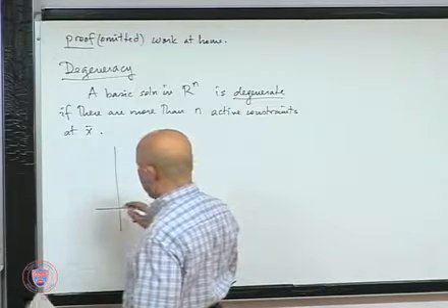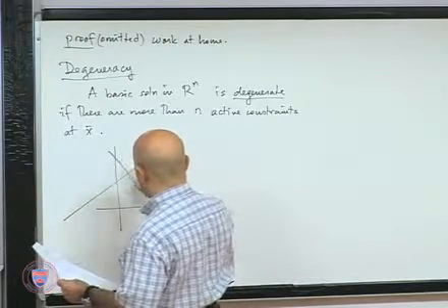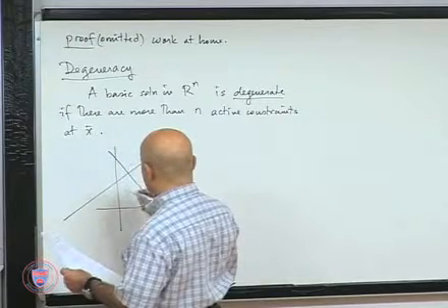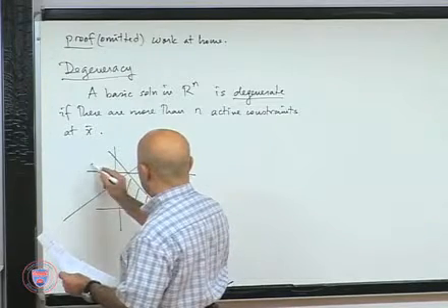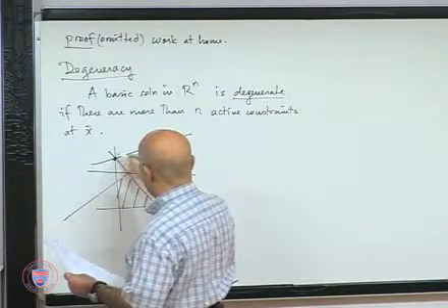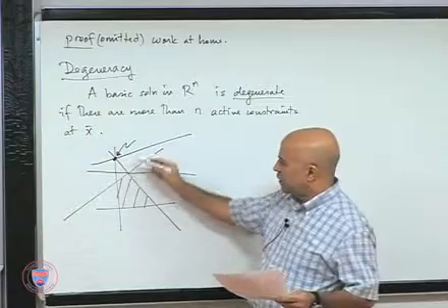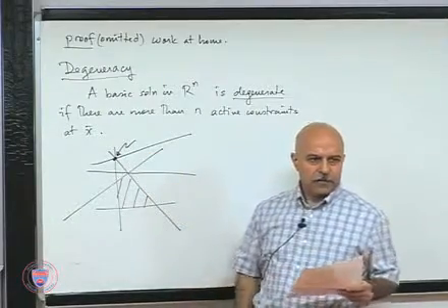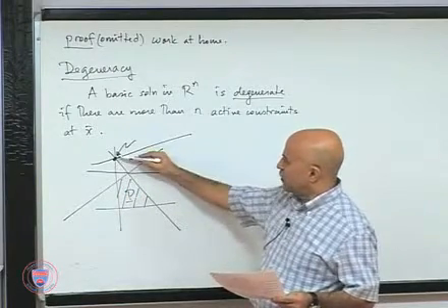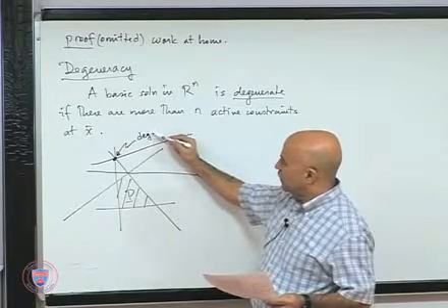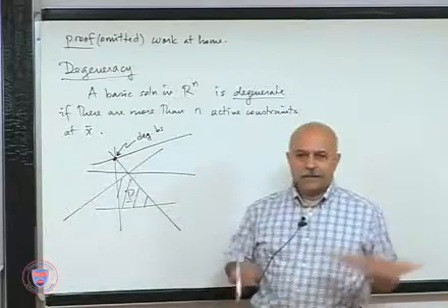Just a quick example. We're in 2 dimensions in this example. All of these lines are defining hyperplanes, and this is the feasible set, or the polyhedral set. This one is a basic solution which is degenerate, a degenerate basic solution, or degenerate extreme point.